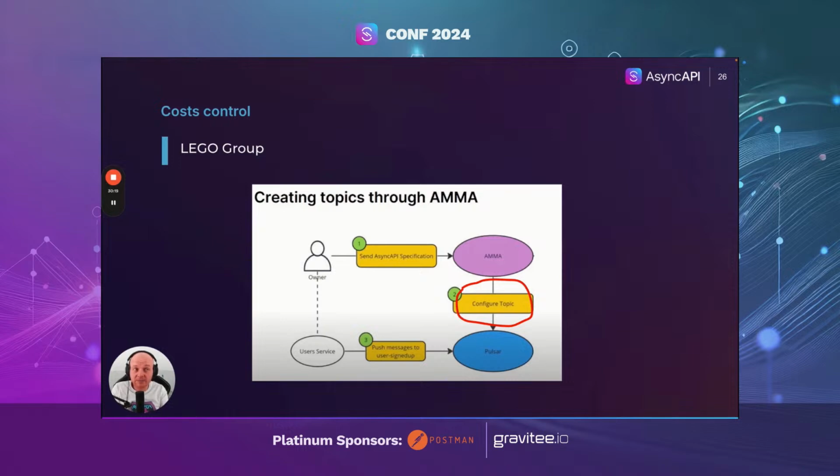We'll set up some access rights for you. In their case, it's Azure access management. And then we're going to create a topic for you, and we're going to return all the information you need to connect to the topic. So it's all automated.